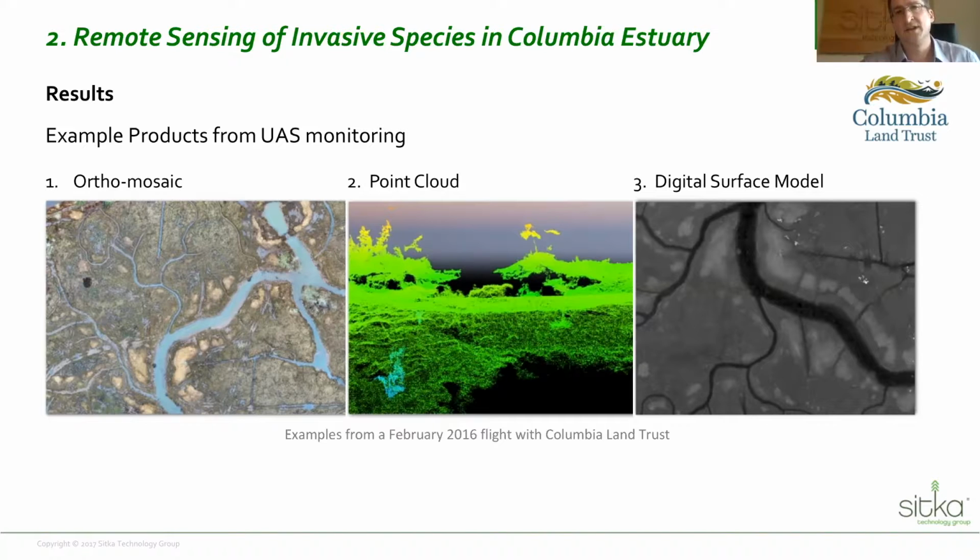And because the first visit generated a local reference plane using ground control and an RTK device, you can reestablish that coordinate system, and your change detection and measurements across time can also be very precise. And the last is a digital surface model that is also output from the flight.